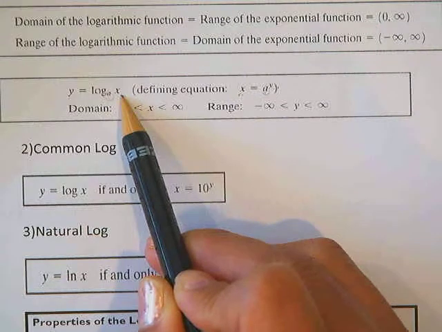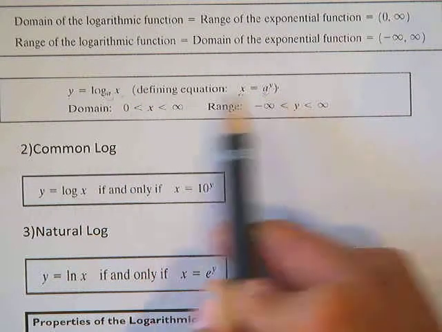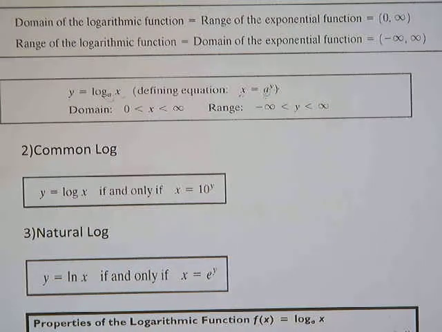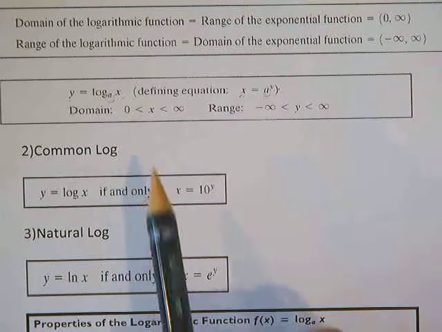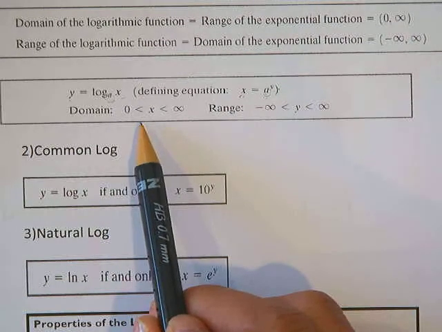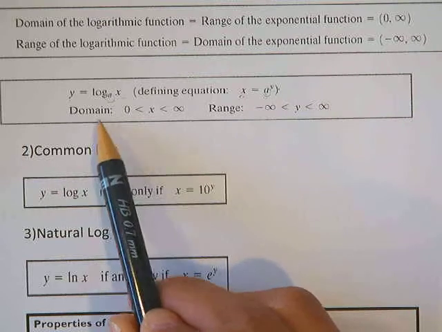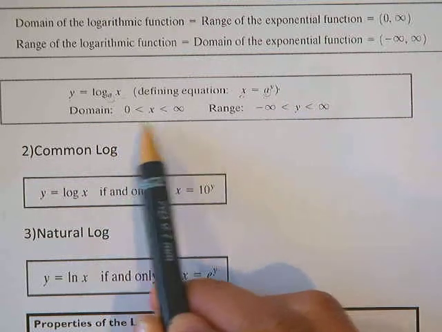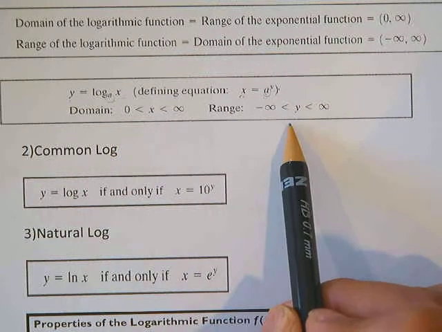So again, the base is always going to be the same. It states the domain and range of the inverse again. The domain is between 0 and infinity, not inclusive, and the range is all reals.